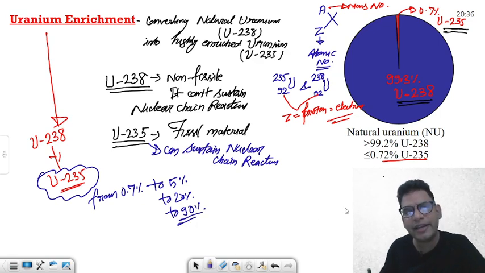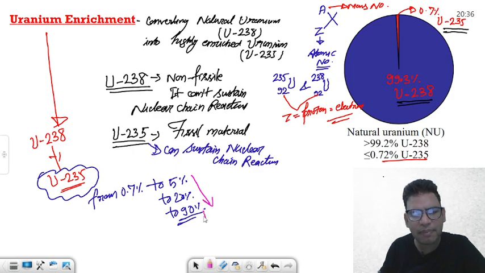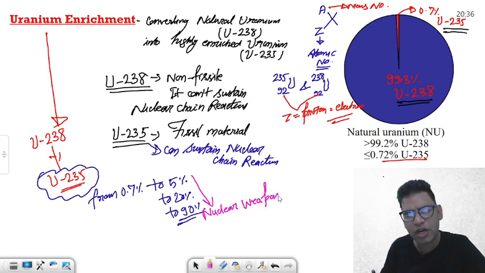And you might now guess, the more enrichment there is, you are on the journey towards nuclear weaponry, right? For example, at 20% maybe you can understand the nuclear reactor purpose, for generating electricity.